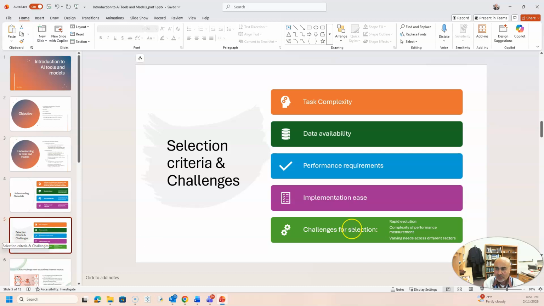We also talked about the importance in various sectors, and this is also very important. The weight of each criteria can vary significantly across the different sectors. If you are talking about applying AI in healthcare, accuracy is extremely important, whereas it's very important for patient safety.